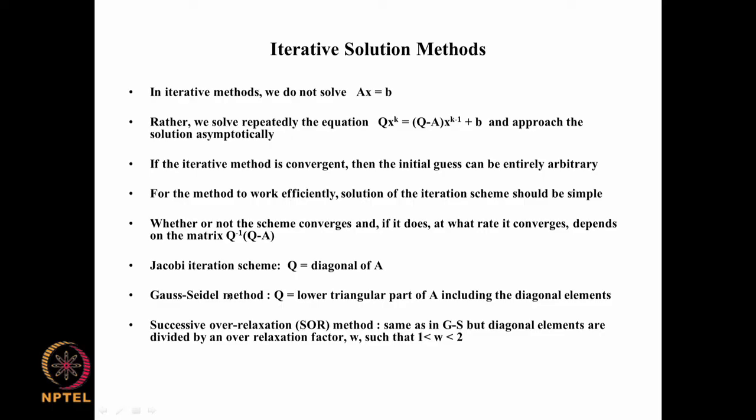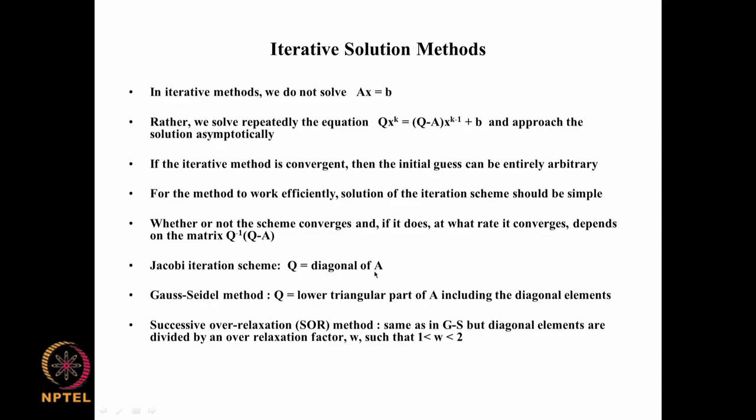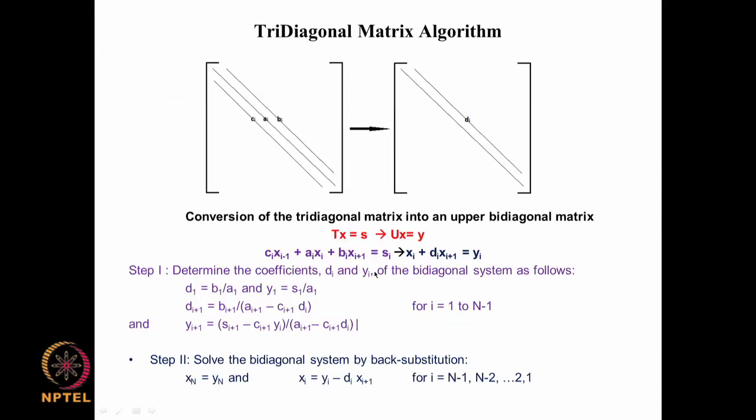So what we are going to see are the two basic methods, the Jacobi iteration method and the Gauss-Seidel method, and how in these two basic methods this idea of solving Ax equal to B in an iterative way, by finding a Q which makes this iteration scheme convergent, works out. In the Jacobi method, we take Q to be the diagonal of A. Let us say that this is the matrix, then we take Q to be equal to all these diagonal elements of A, and all the other elements of Q are 0.